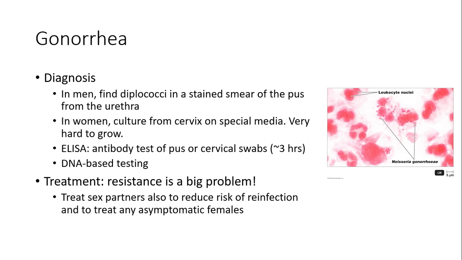In treatment, resistance is a big problem. In fact, just recently, it's made headlines that we now have gonorrhea strains that are resistant to all of the common first-line treatments for gonorrhea. So that sounds like a bad day. So when we are able to treat, though, we want to treat sex partners in addition to the person that we're seeing in the clinic to help reduce the risk of reinfection and to treat any asymptomatic females that those partners might also be having sex with.